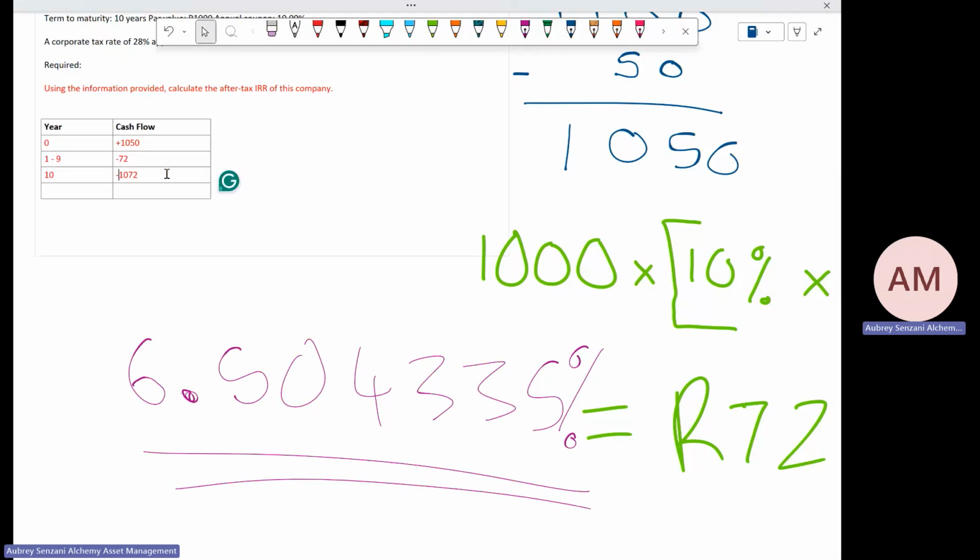Then if I go shift IRR, I get 6.5. You can't use the present value calculations. It's going to give you a wrong answer. So I would stick to using the IRR.